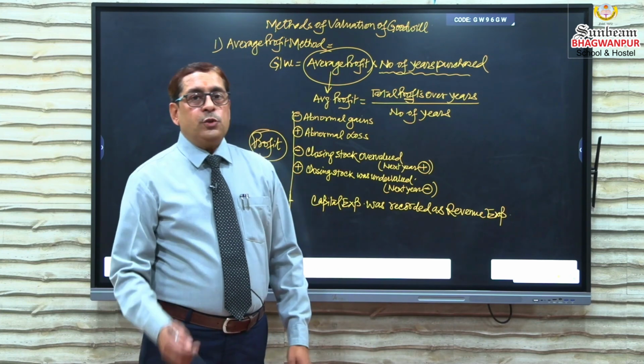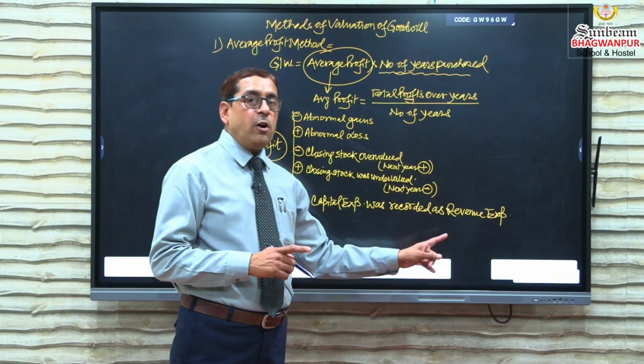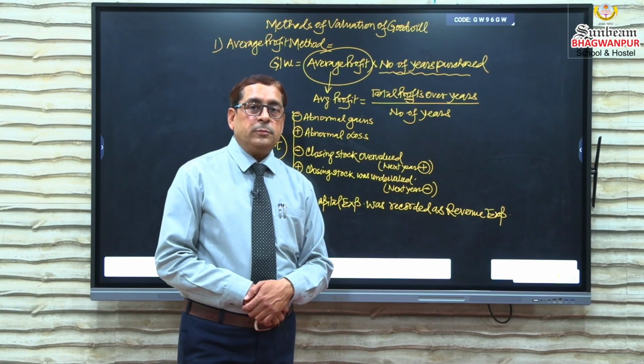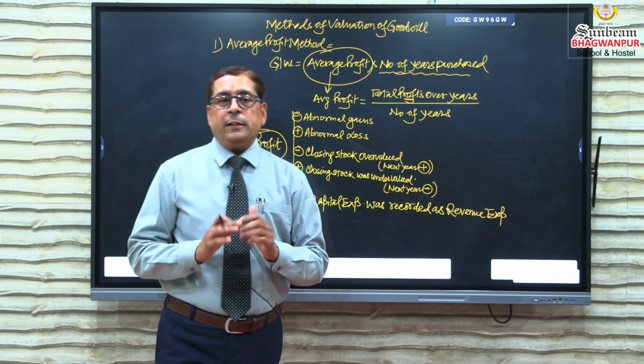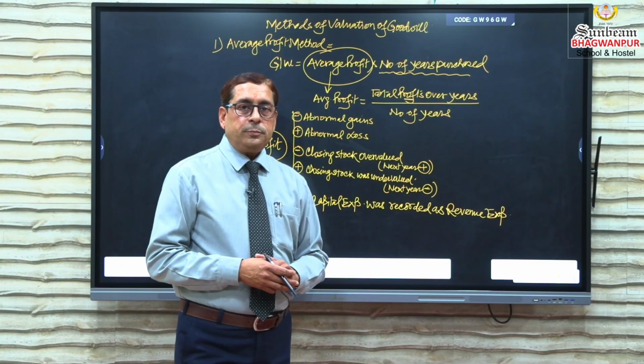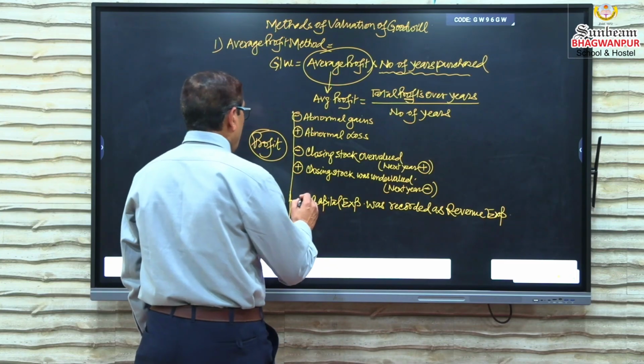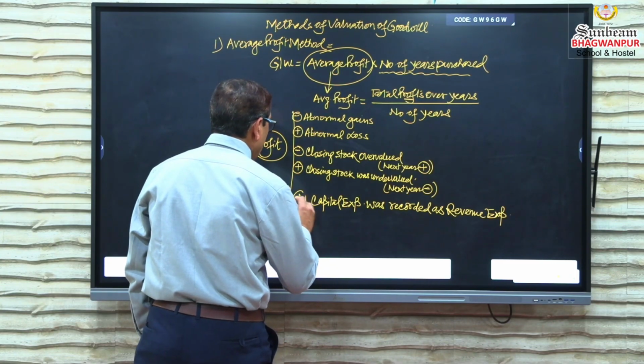Because of that, since you are recording one expense, office expense, at the debit of profit and loss account, the profit of that year will definitely reduce. So how to make it correct? We have to add it.